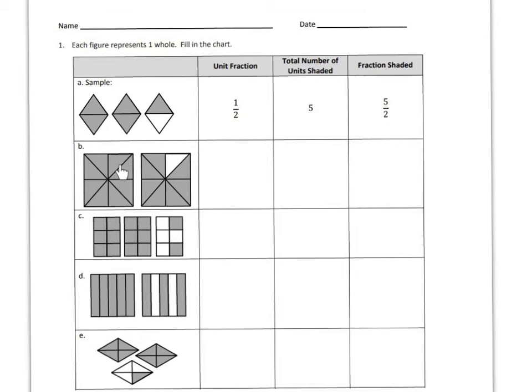So let's look at part B. My unit fraction, well, how many are in one whole? 1, 2, 3, 4, 5, 6, 7, 8. There's 8 there. So my unit fraction would be 1/8.